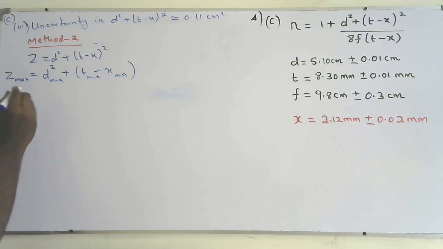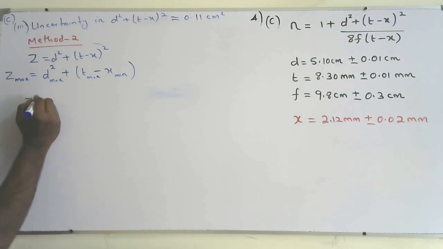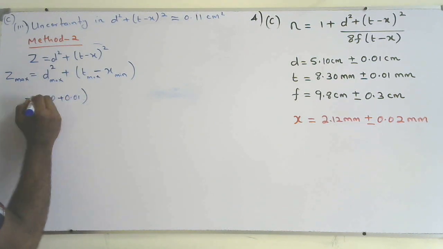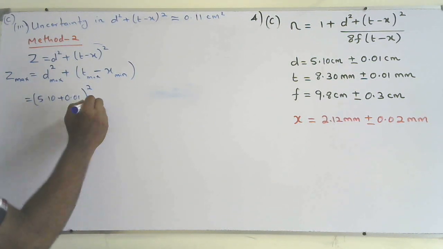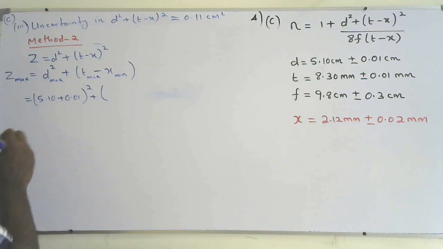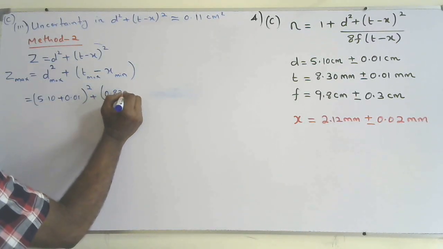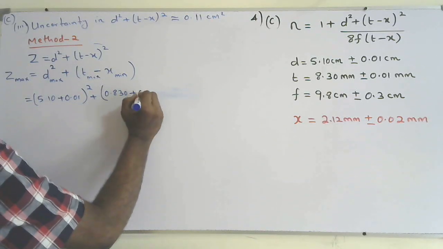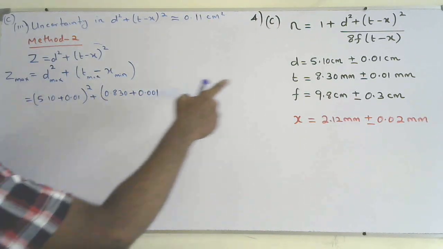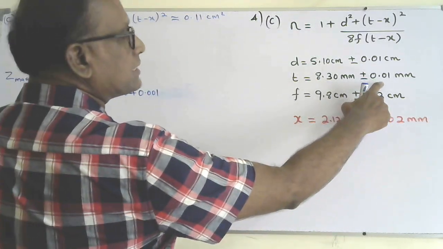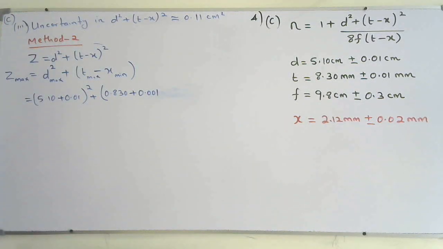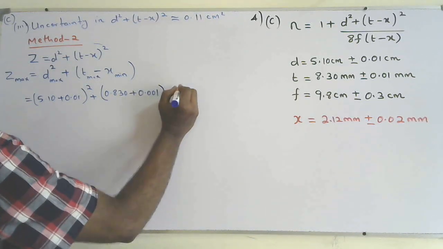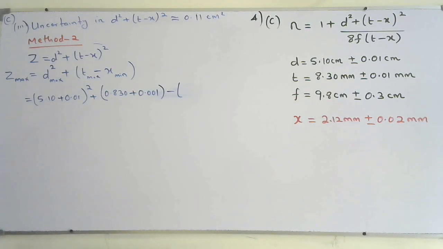Okay, we'll substitute. So that will be d max will be 5.10 plus 0.01 all things squared plus t max will be 0.830 plus 0.001, that is 0.001 when you convert millimeter to meter, minus x minimum.